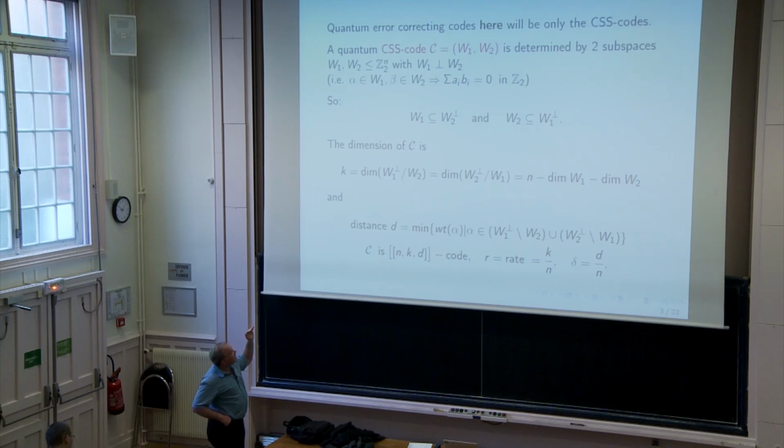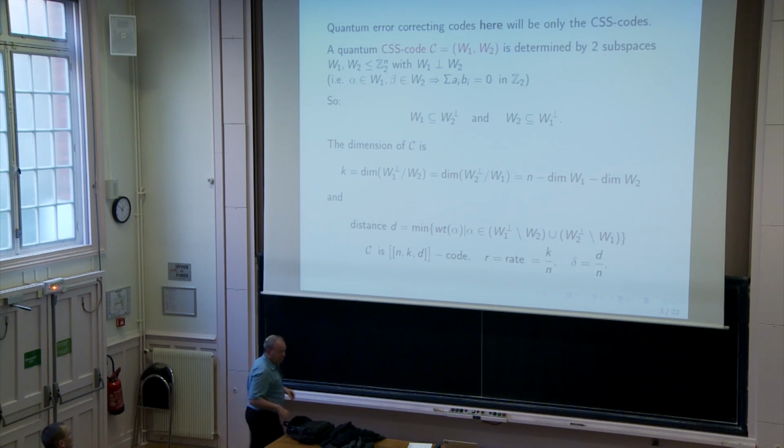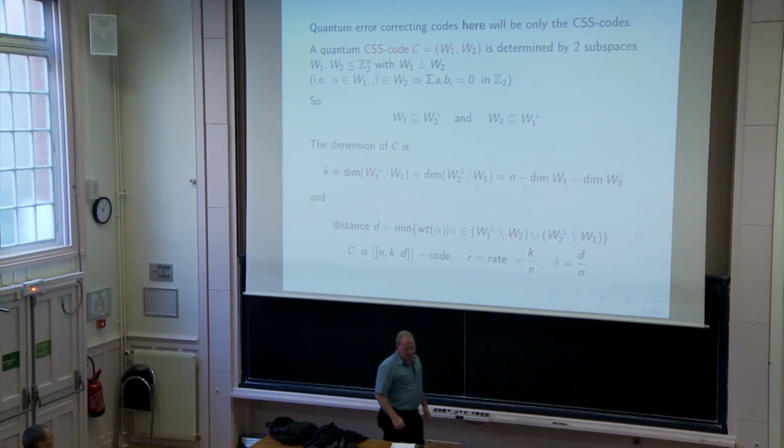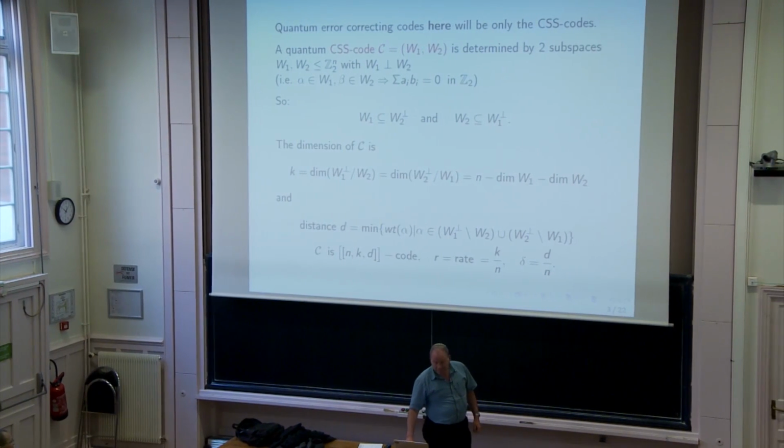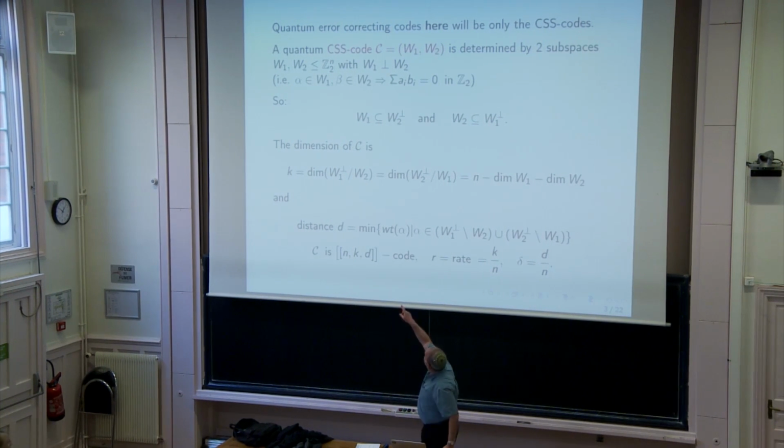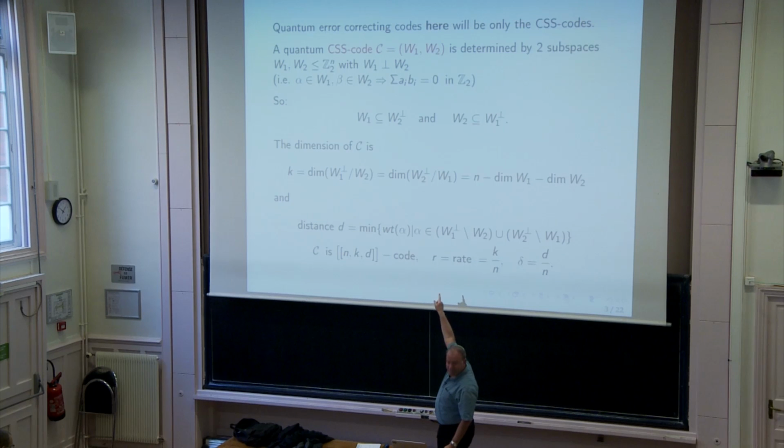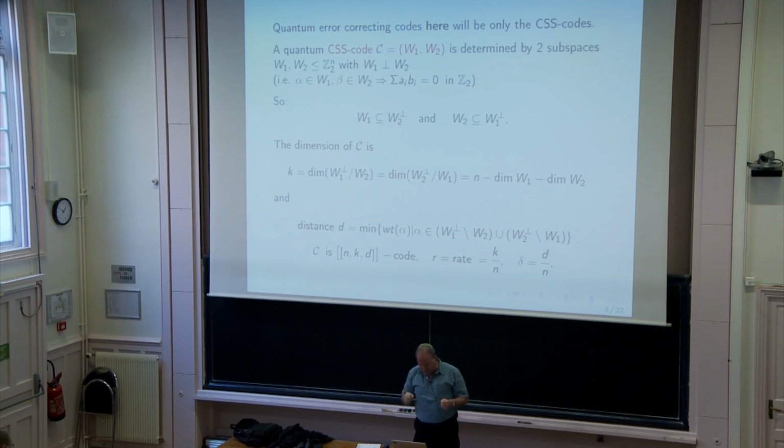And just like in classical code, we call C an [n,k,d] code, here the tradition is to do it with double brackets, and this is called an [[n,k,d]] quantum code, if you have such a system. Now, what's the goal? What is k? The dimension, k is the dimension of W1 perp over W2. That's the dimension of the code, this quotient this time.